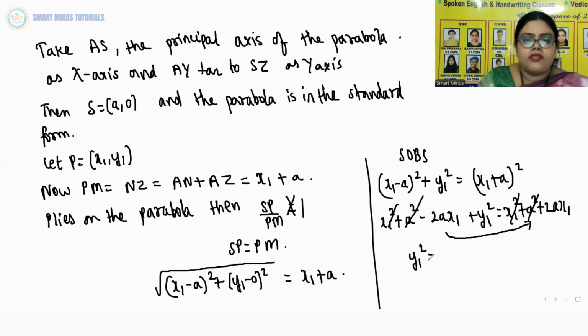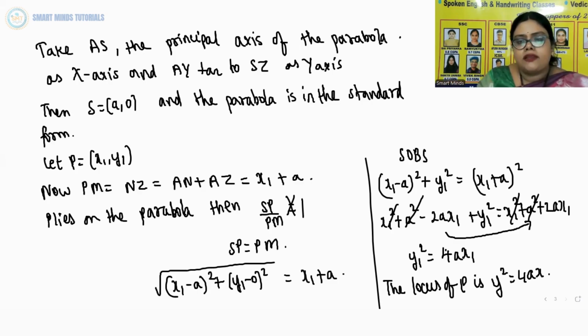So we get y1 square is equal to 2ax1 plus 2ax1 is 4ax1. If you want to find out the locus, we should replace x1, y1 with x and y. So the locus of P is y square is equal to 4ax, which is the equation of the parabola in the standard form.